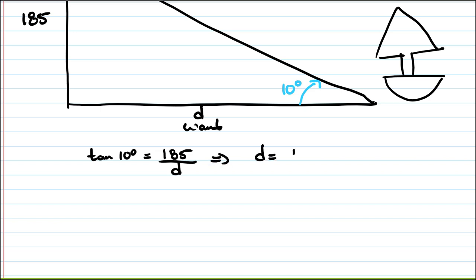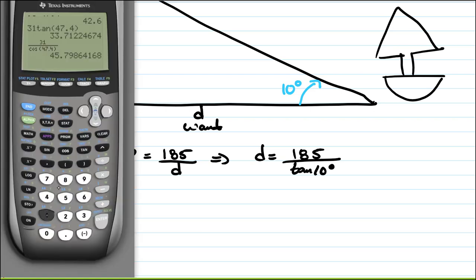Solving for our distance, we get 185 divided by the tangent of 10 degrees. And we'll put that into our calculator. So 185 over the tangent of 10 degrees gives us 1,049 for our solution.